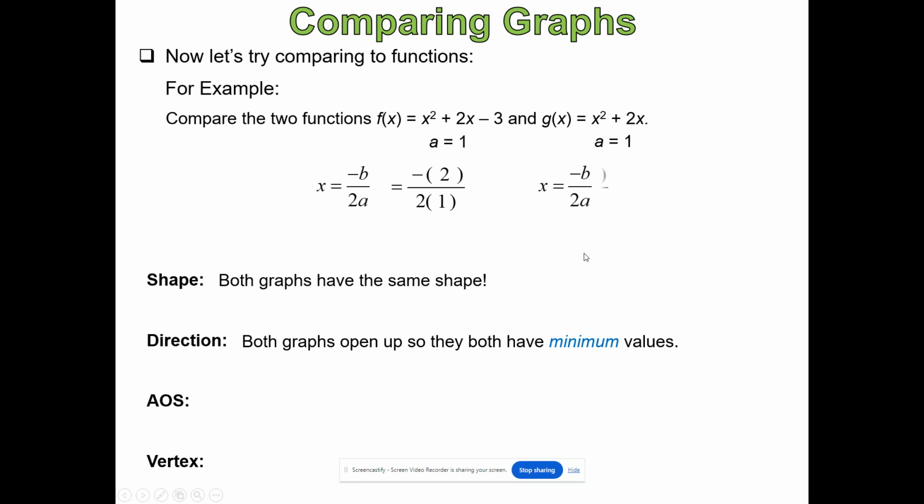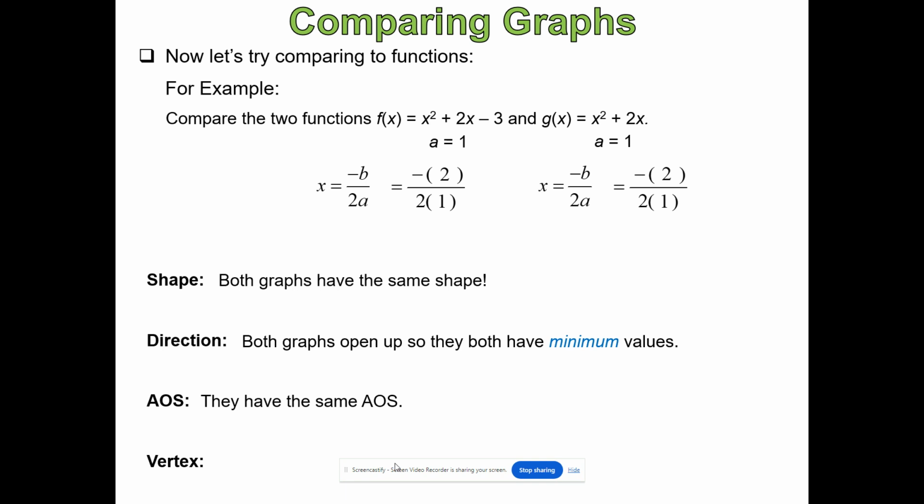Look. If I plug in b, if I plug in a, they're the same. Only difference is c. So this formula doesn't have c. So since a and b are the same, I shouldn't even have to do the entire formula. So we know that they have the same AOS, okay?